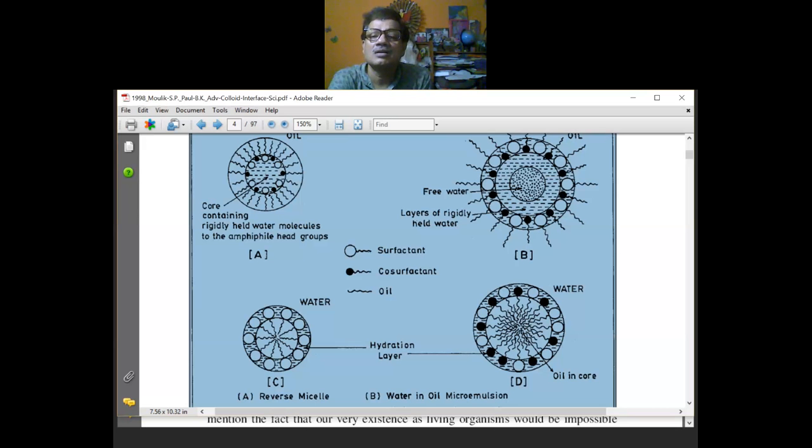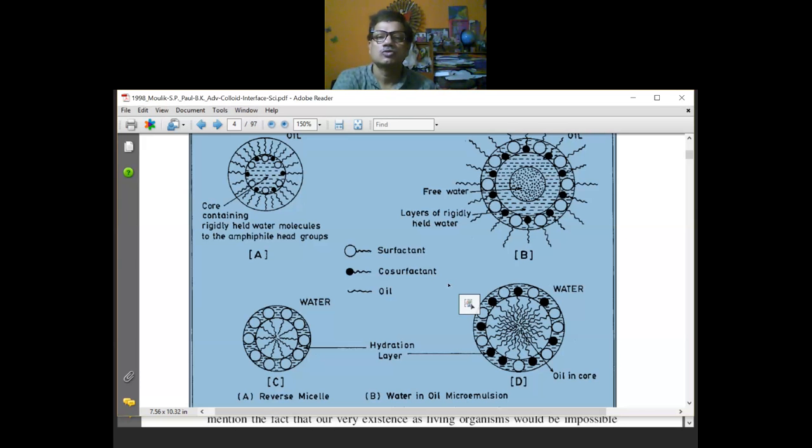So there is a need for some short chain alkanol molecules, and these are called co-surfactants. I will show you schematically, using another cartoon, why the co-surfactants are required. I'll discuss it very briefly.